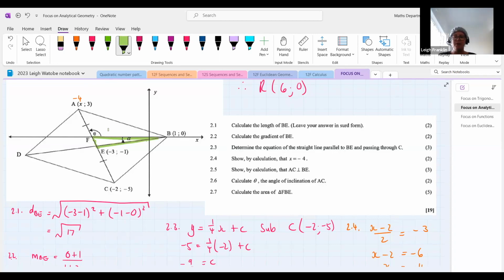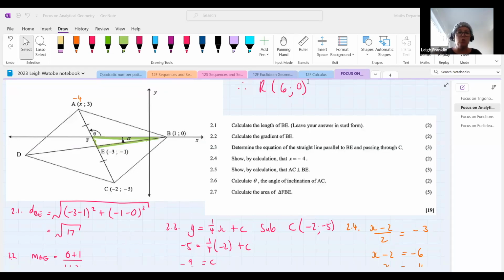The grade 11s may not be as familiar with the second way as with the first, but it just sort of depends on what you've learned. So we could either use the area rule, quite right, or half base times perpendicular height.